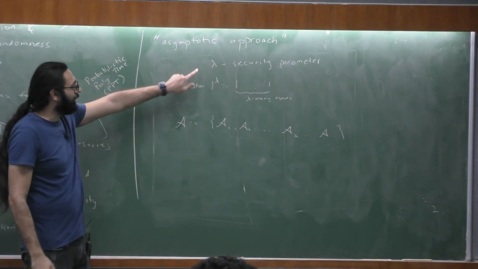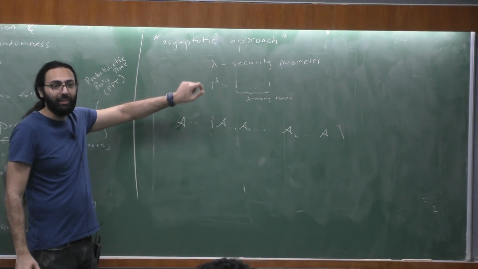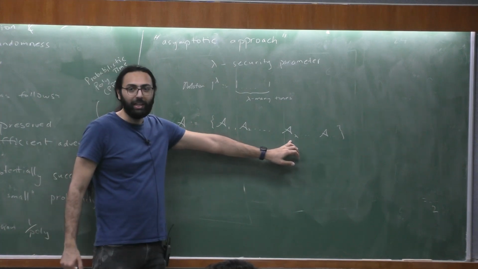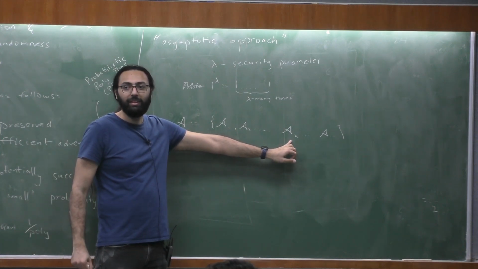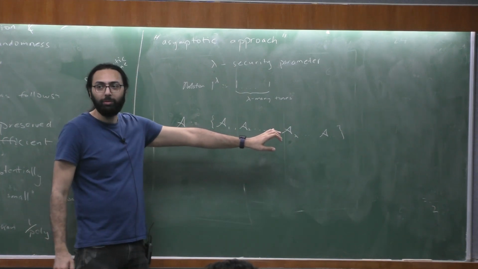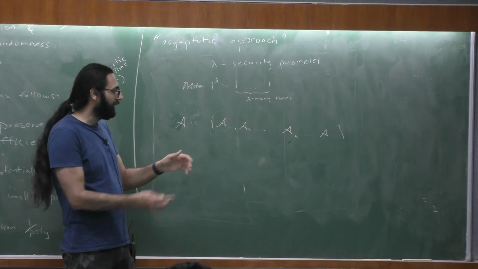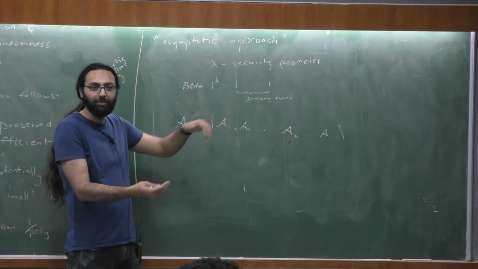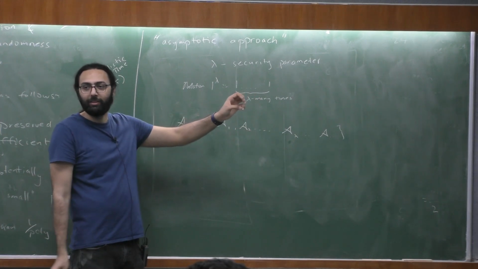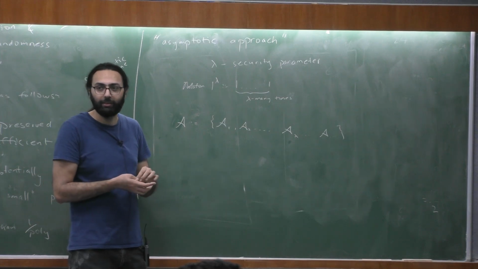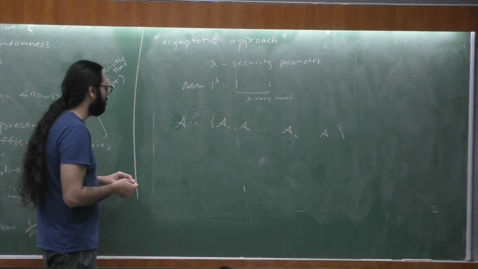For every security parameter, there's going to be an adversary. If you're thinking of these as circuits, for length 1 there's a small circuit, for length 2 there's a bigger circuit, for length 3 there's an even bigger circuit, and so on. This is what we're trying to formalize here.